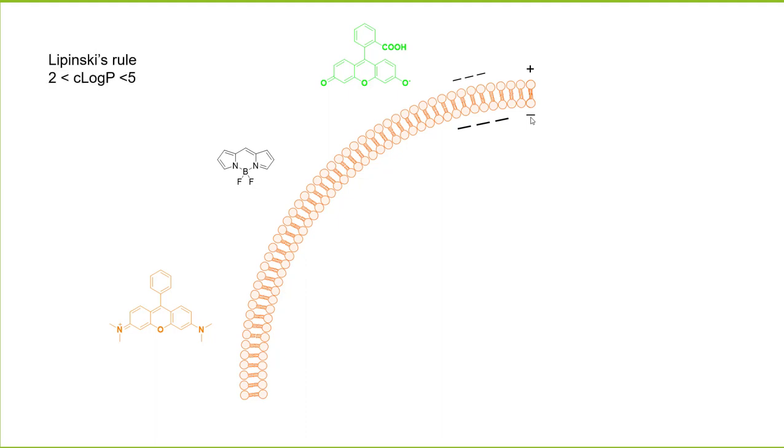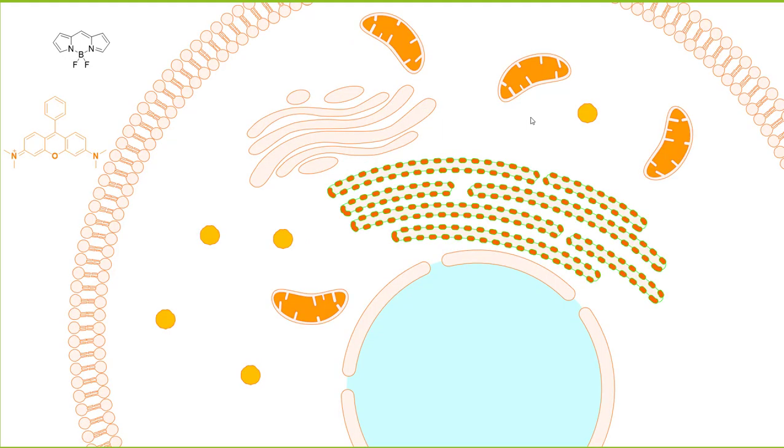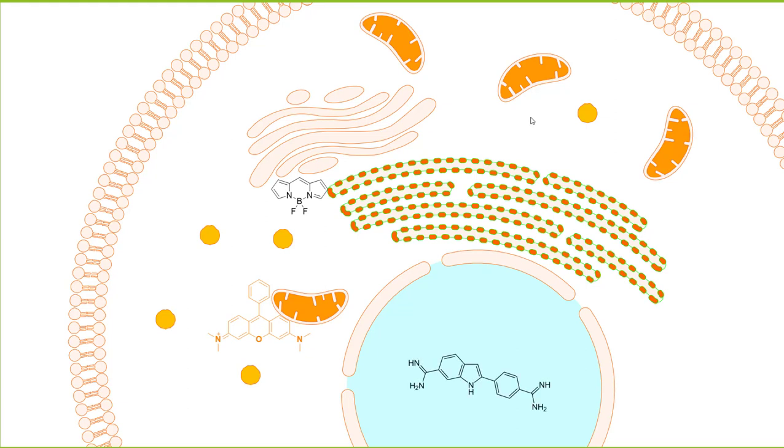So these compounds, depending on their physical properties, the so-called drug-like properties, Lipinski rules, if they have a reasonable range of hydrophobicity, have a chance to get into the cells. Then we can select or modify compounds to recognize different parts of the cell, let's just say mitochondria, or using hydrophobicity, ER, Golgi, or maybe DNA binding affinity to make them go into the nucleus.